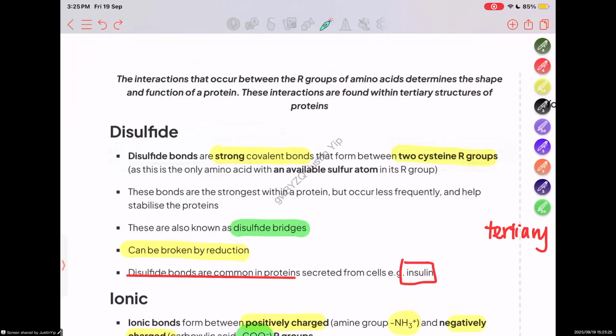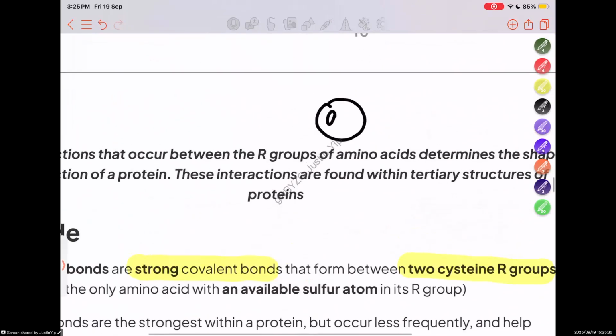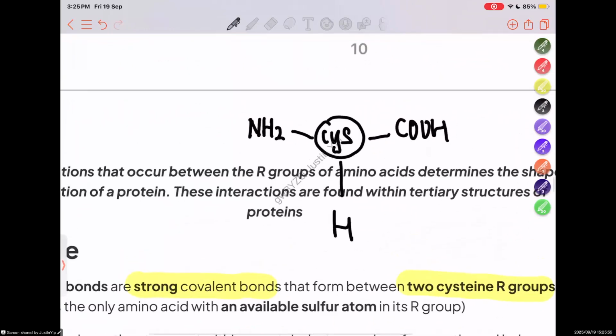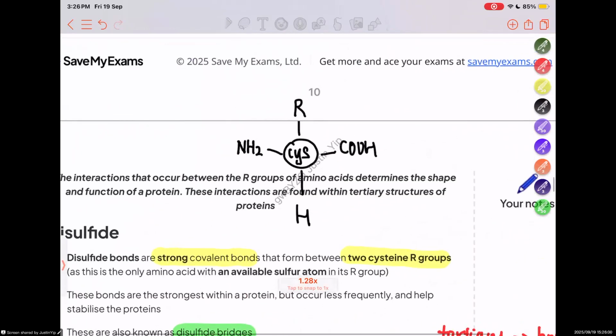The disulfide bridge forms between the R groups on amino acids we call cysteine. For example, this is an amino acid, and one type is cysteine, CYS. The structure has one NH2, one COOH, one H, and one R group.